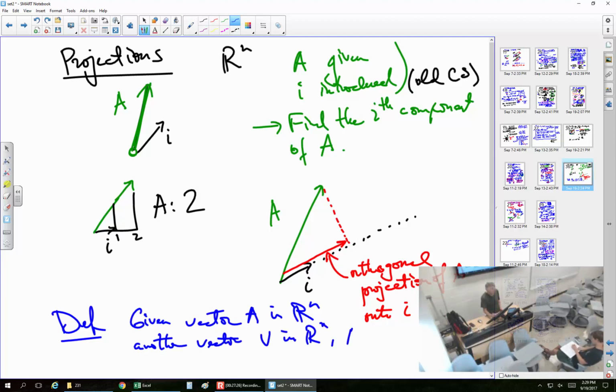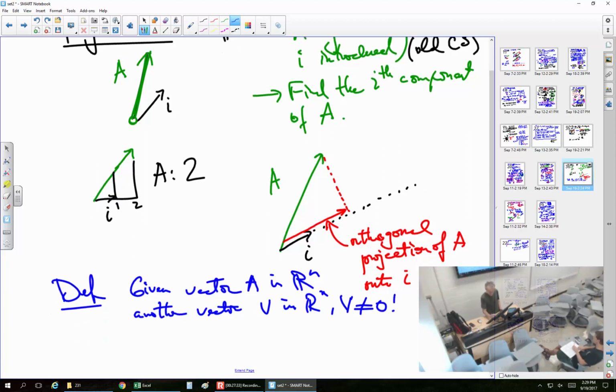This one definitely we do not want to be equal to 0. Okay, then the projection, technically the orthogonal projection.